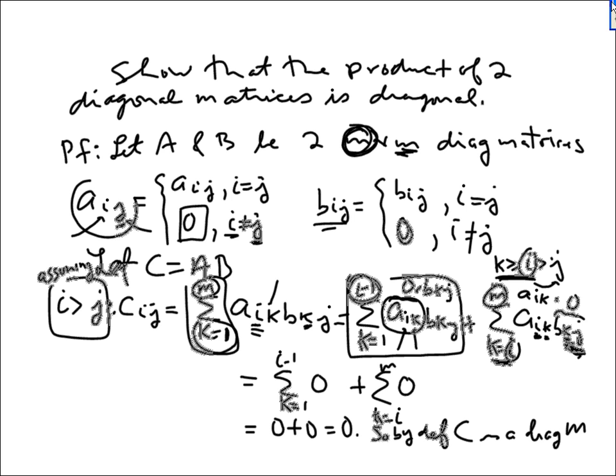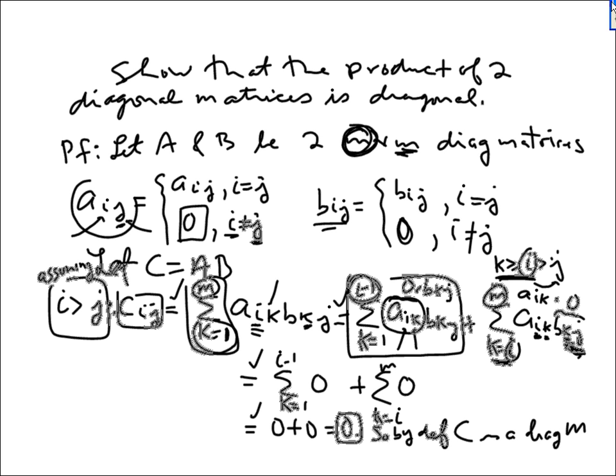Why is that? Because C_ij is equal to 0 if i is bigger than j.